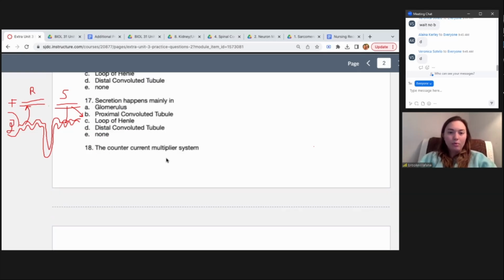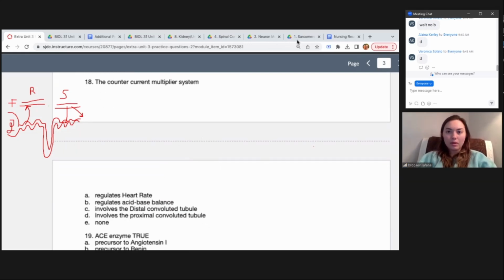All right, question 18. The countercurrent multiplier system. Which of these is true about the countercurrent multiplier system?